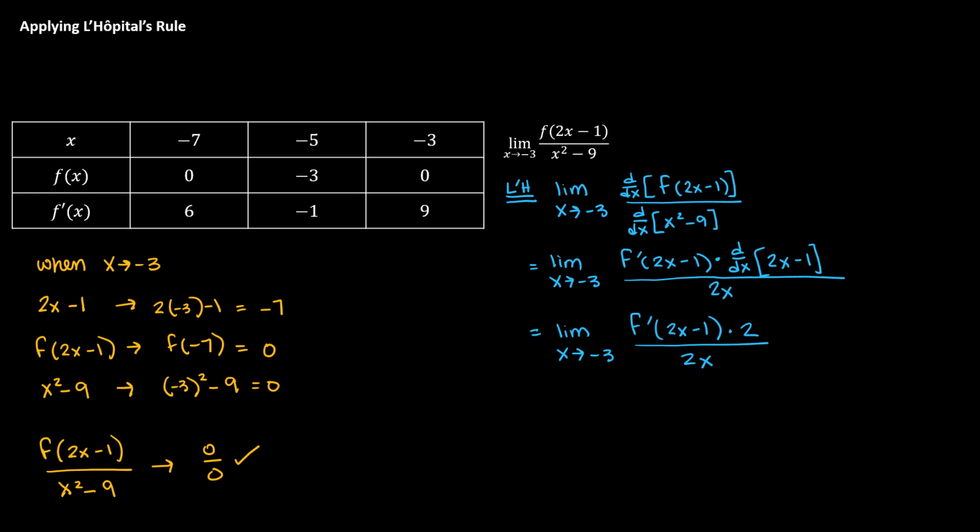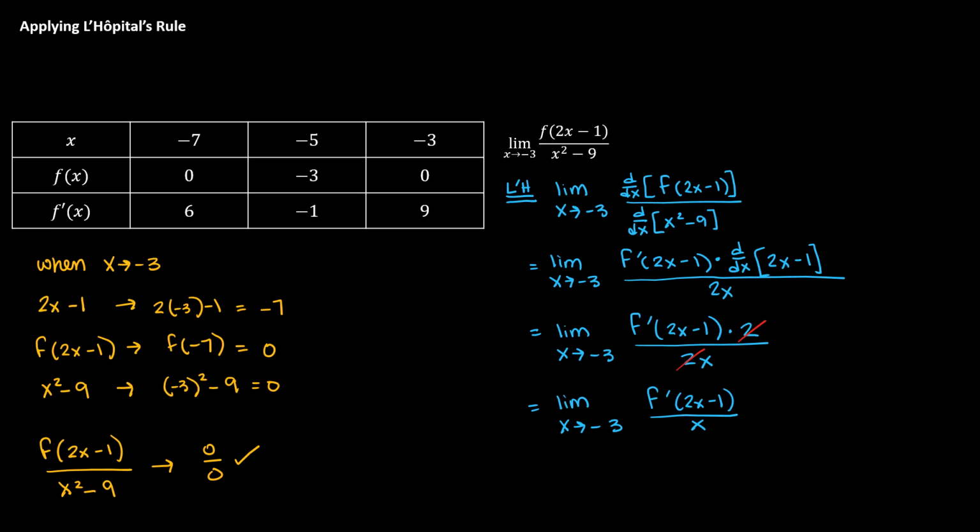So finally we see that L'Hopital's rule sends us over to the limit of f prime evaluated at 2x minus 1 times 2, divided by 2x. We can divide off the common factor of 2 so that our limit's a little simpler.